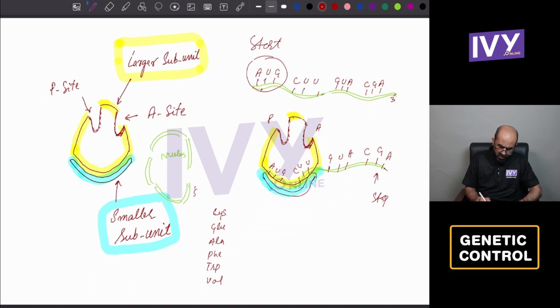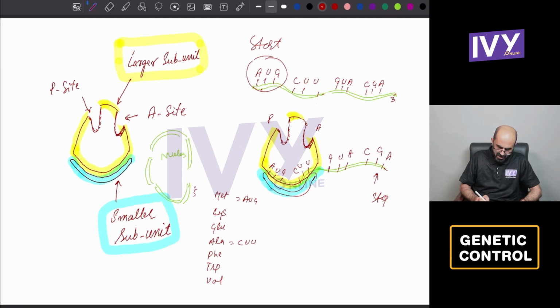Let's suppose that the code AUG here is used for methionine. So here is the code AUG. The CUU code is used for alanine. It's not confirmed. I don't know, because we are not supposed to keep in mind all these codes. I'm just assuming these codes for your understanding. Otherwise, some other code may be used for alanine. It's not the exact code, just for explaining, just for giving the idea.